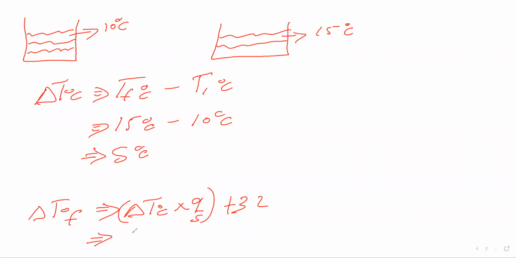So this is going to give us 5 times 9/5. So the 5 and 5 go out. We would be left with 9 plus 32, and that would be equal to how much? 41. What did you guys get when you worked that out? 77.